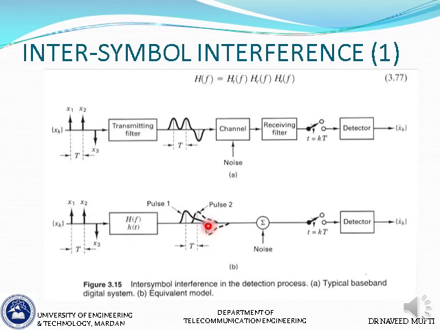तो जब ये स्प्रेड होके नेबरिंग पल्स के साथ इंटरफियर करना शुरू कर दे, this is called inter-symbol interference. This is the concept of inter-symbol interference, and that can happen even when there is no noise. ठीक है, तो even in the absence of noise, the effects of filtering and channel induced distortion, they can lead to ISI.